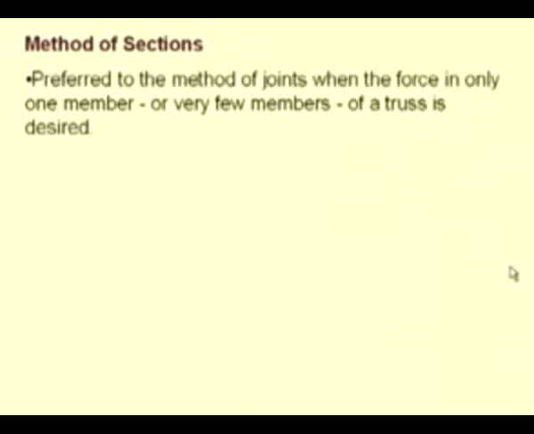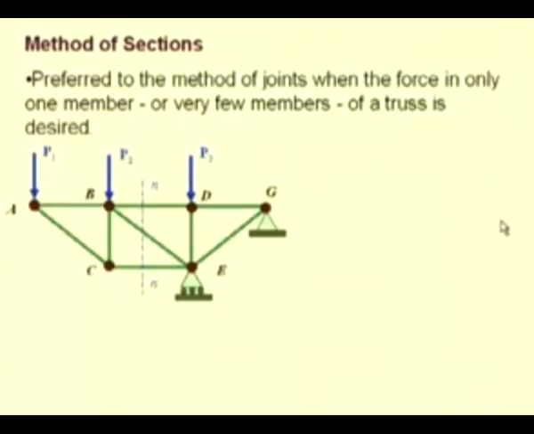Let us consider an example. Here you see a truss A, B, D, G, C, E connected at G by a pin joint and at E by a roller joint, and some external forces P1, P2, P3 acting on the truss.